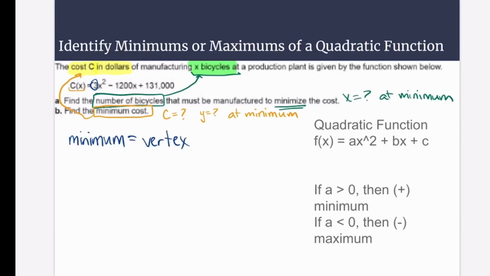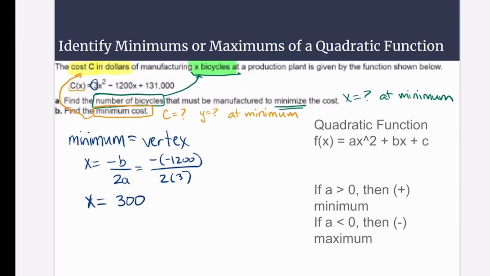The way we find a vertex is we find the x value, negative b divided by 2a. So we plug in these values. Negative 1200 over 2 times 3. So our x value is going to be 1200 divided by 4, 300.